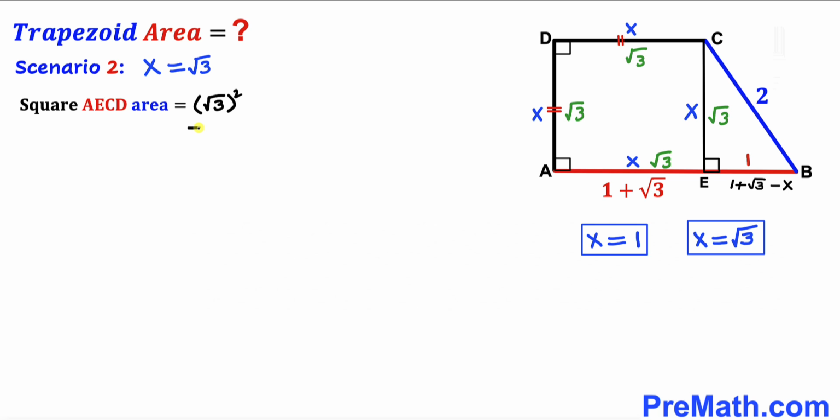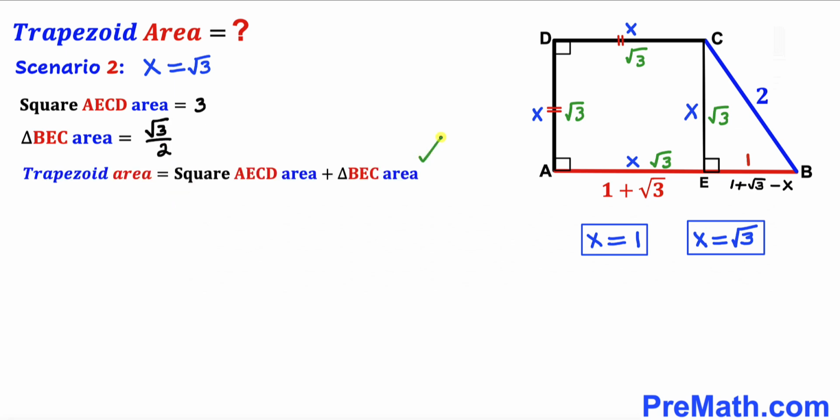And if we simplify, that is going to give us 3. And now we are going to calculate the area of the triangle BEC. This is our base and this is our height. So therefore I can write a half times 1 times √3. Let's simplify. That is going to give us √3 divided by 2.